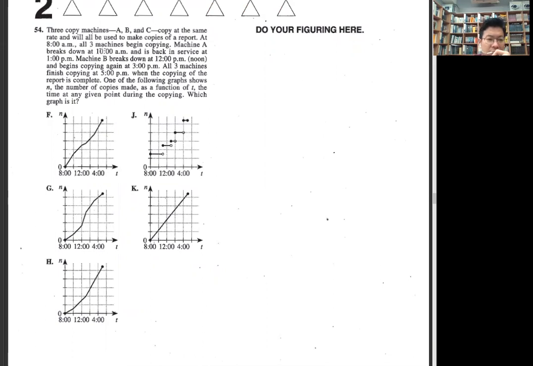Okay, the copy machine. The 3 machines begin copying and then break down. So 1 broke down at 10, so it slows down. Okay, back in service at 1 p.m., so it gets better, right? All 3 machines. So going, then break down, slow down, and going back up again. This is supposed to be more like this way.